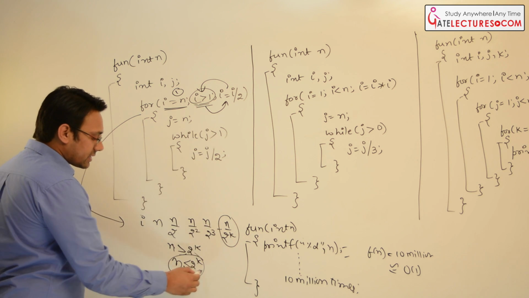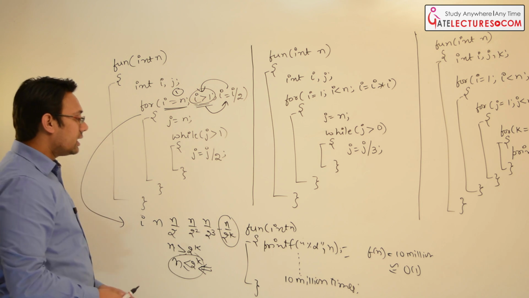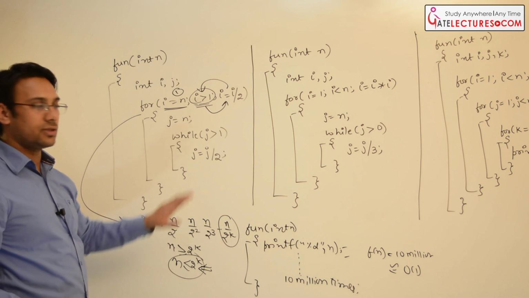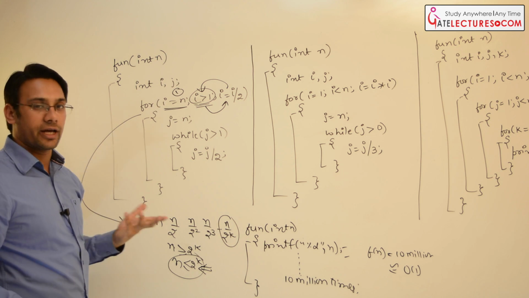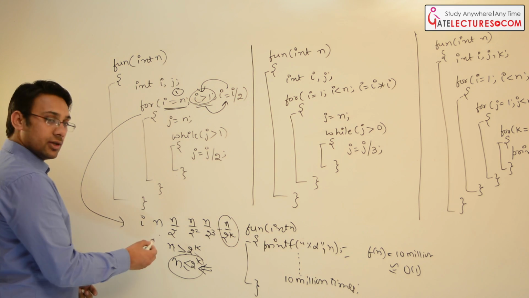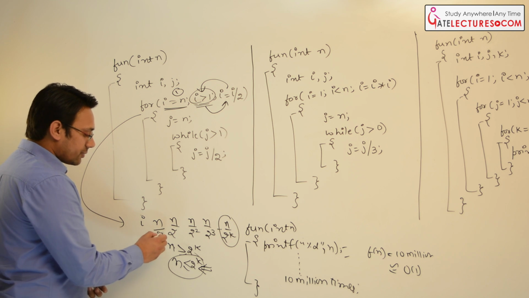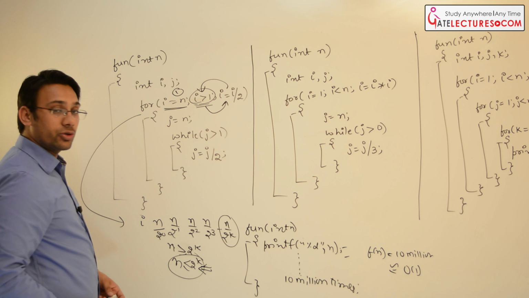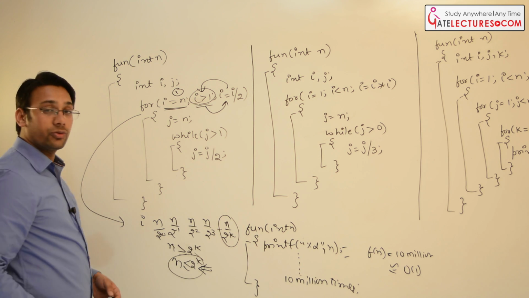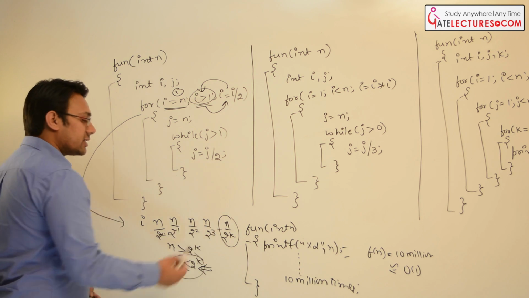Now till this time, how many times was this statement true, or how many times has this for loop already run? That is dependent on this. You can write this as (n/2)^0, this as (n/2)^1, this as (n/2)^2, this as (n/2)^3, and this as (n/2)^k.